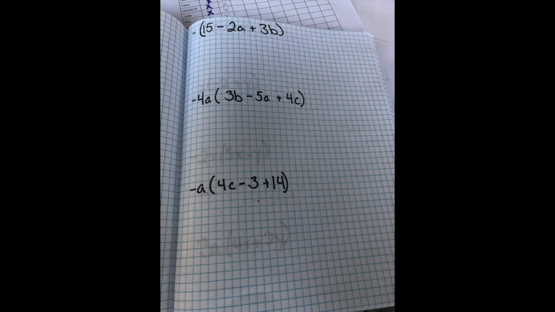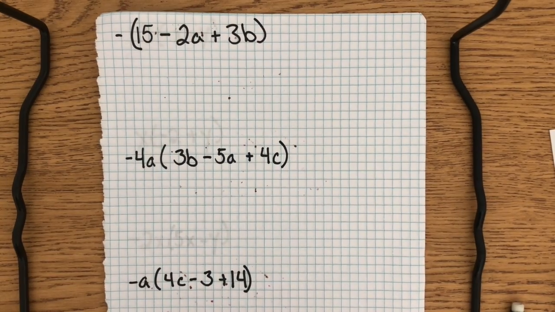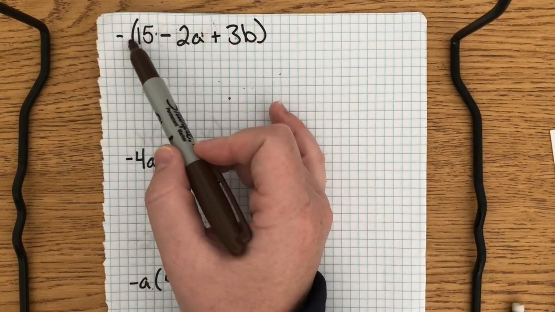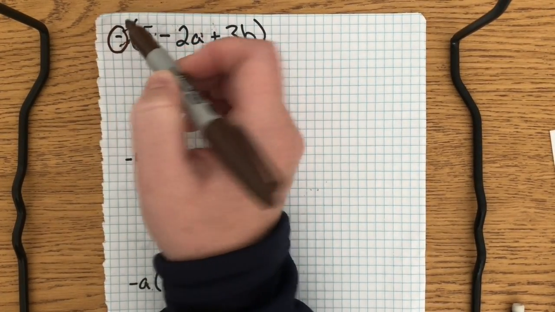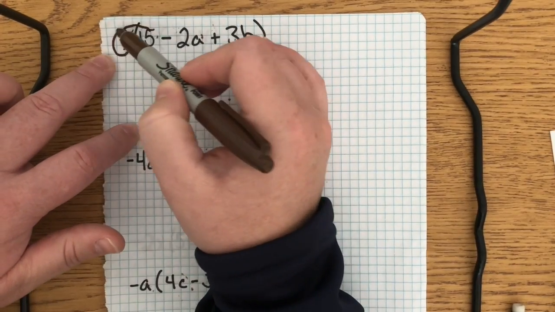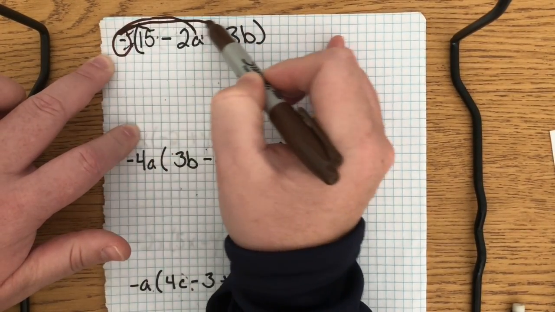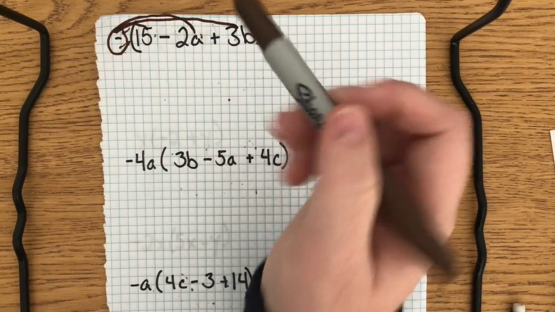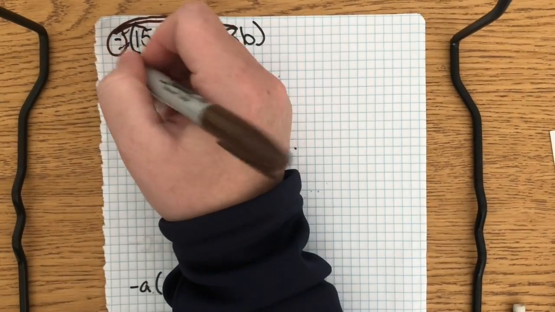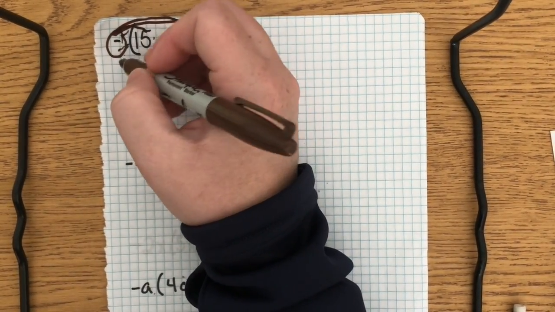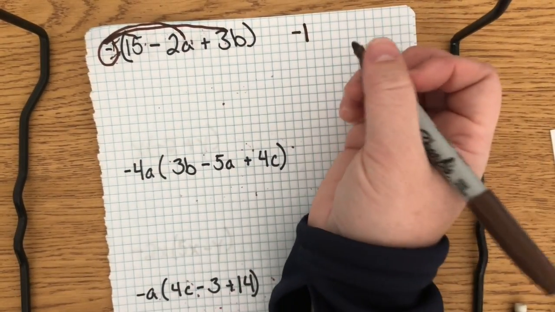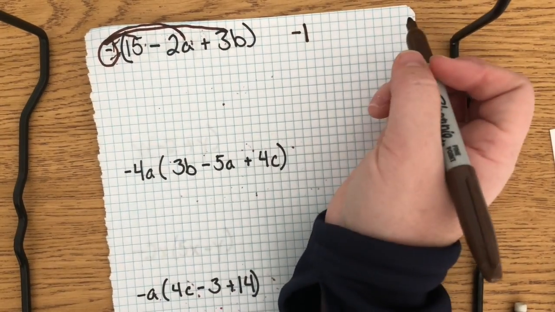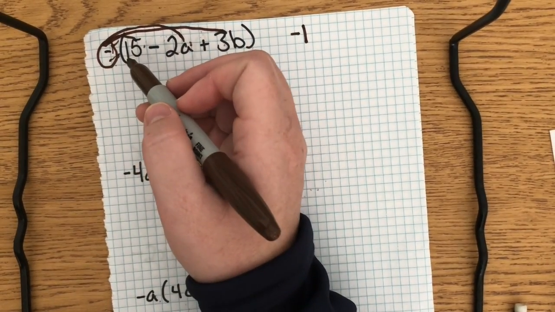Now, some of you were having a bit of an issue with the negative, okay? So if there is a negative by itself outside the parentheses, this is meaning you're taking the negative and you're distributing the negative. Now, when you have a negative just outside, you always assume there's a 1. So it's -1. Anything times 1 is itself. That's why you do not need to include it.